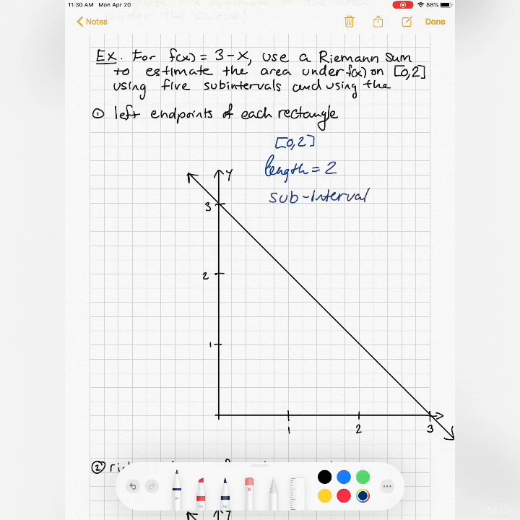So that means if I break that up, each subinterval length is going to be 2/5, right? Because I have to divide that entire length by 5 to get 5 subintervals.